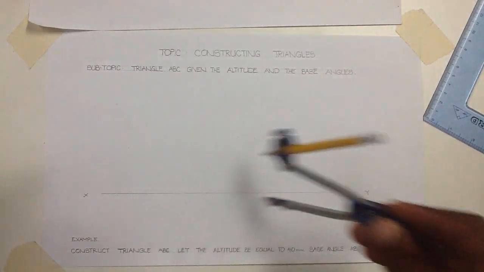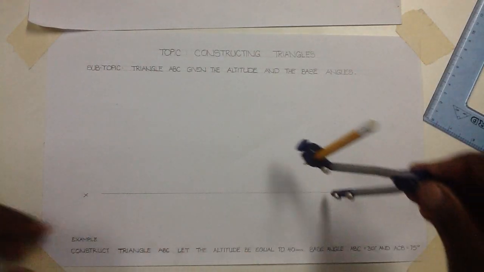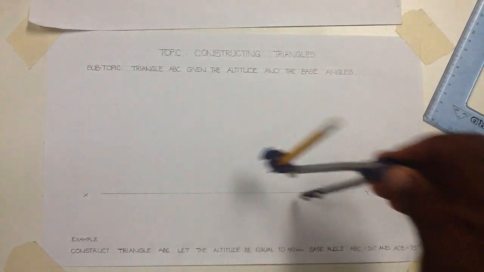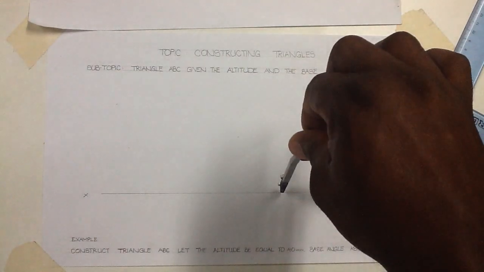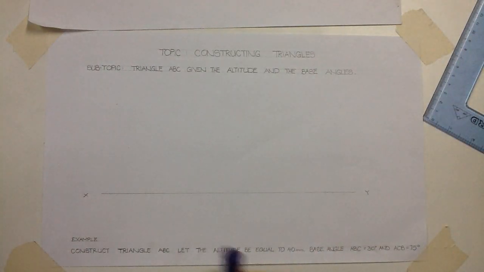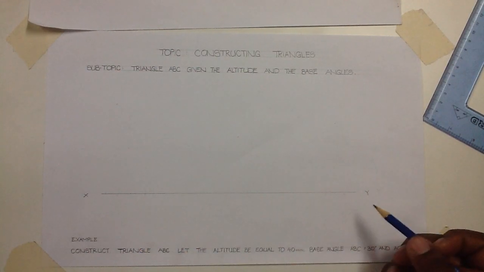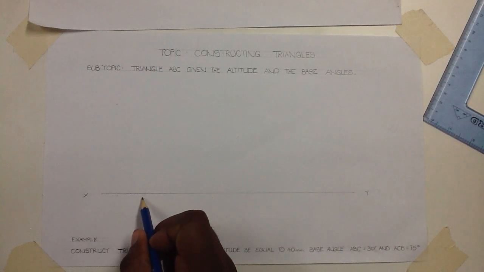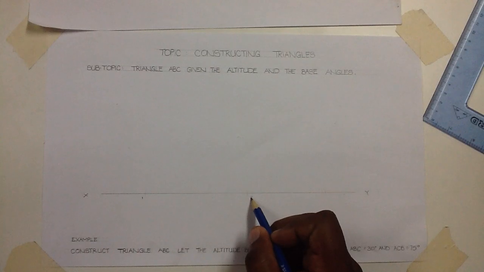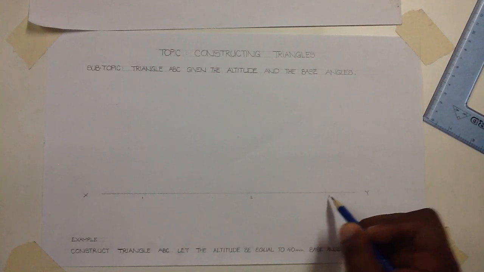The radius does not have to be 40 in this case, it could be anything of our choice. So I'm just identifying 3 locations on this line that will be used as centers for the arcs required for the construction of parallel lines. And so we'll number these points 1, 2, and 3.